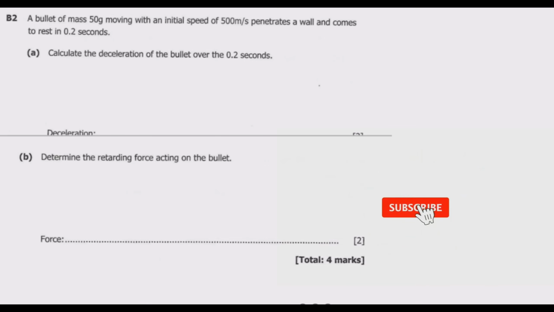What is important is always understanding the question. The question is for us to calculate deceleration. We've been given the initial speed, and we know that this is coming to rest, meaning the final speed is 0. We are also given the time.